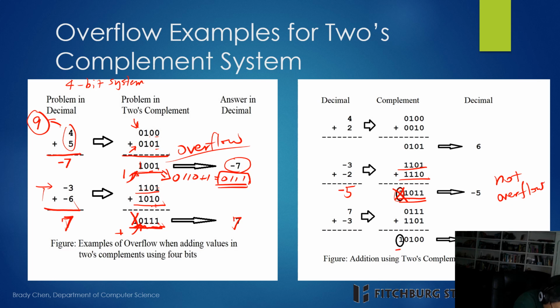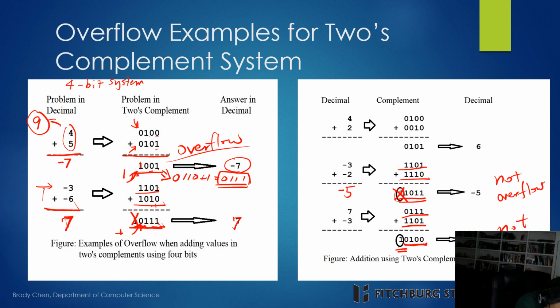Now you have to truncate the leftmost bit if, in a 4-bit system, the addition of two two's complement notations results in 5 bits. You truncate the most significant bit, and so you get the 4 bits left. So that's not overflow.